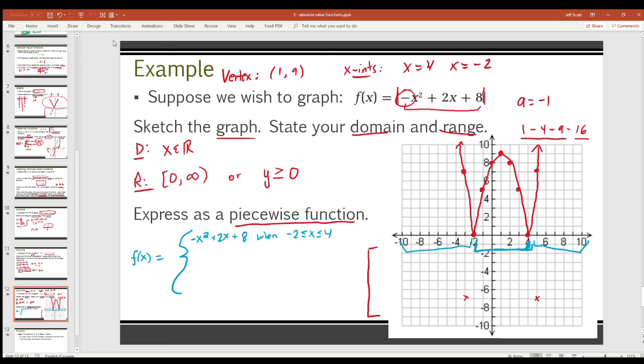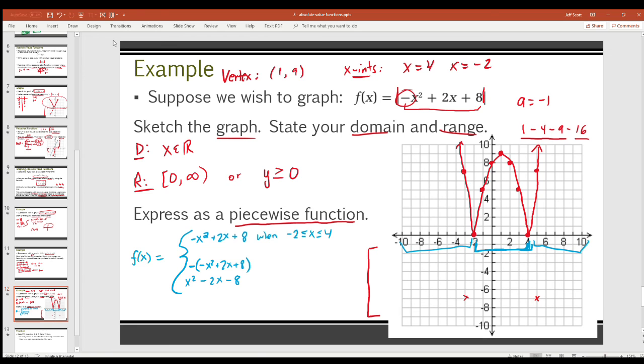Now, the other part of this graph is flipped over. And remember, to flip over a graph, you just times the entire thing by negative 1. So the easy way to do that is just to say negative bracket negative x squared plus 2x plus 8. If you prefer to bring that negative through, you could write that as positive x squared minus 2x minus 8, whatever floats your boat. I honestly don't really care.